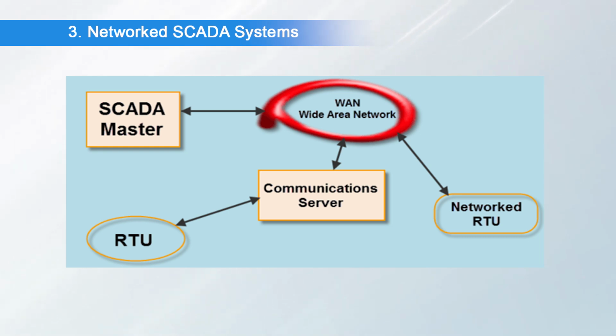The main improvement in the third generation is to open the architecture of the system using standards and open protocols, which enables the distribution of SCADA functionality through a wide area network and not just limited to the LAN.